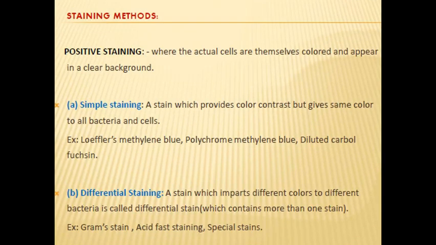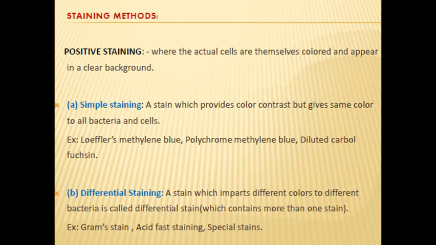Dear students, now we are going to discuss the staining methods. Basically there are two types of staining methods routinely performed in a laboratory, known as the positive staining method and the negative staining method.